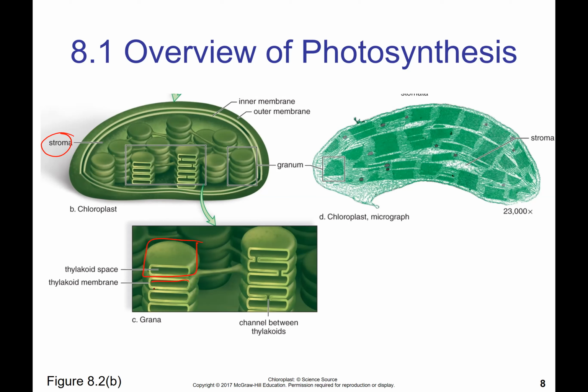The thylakoid membrane surrounds it, and in the middle of the thylakoid, you have what's called the thylakoid space. A stack of thylakoids is called a granum. As you can see, the chloroplast itself has an inner membrane and an outer membrane, and then you also have the thylakoid membrane. That's why we say that there are three different layers.